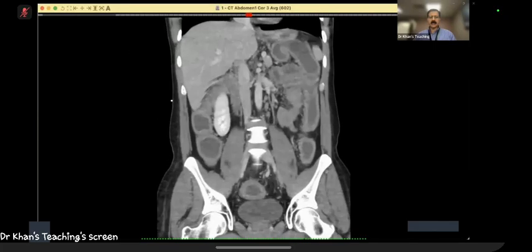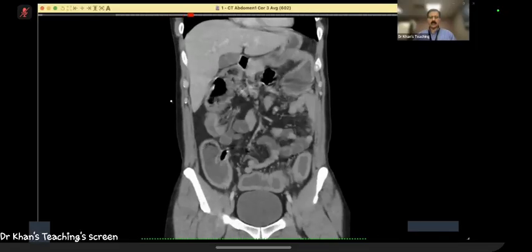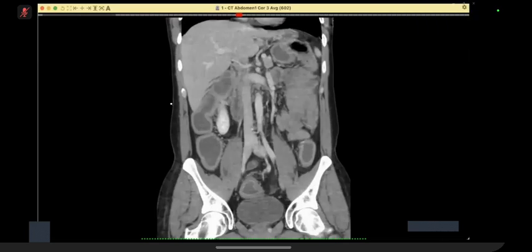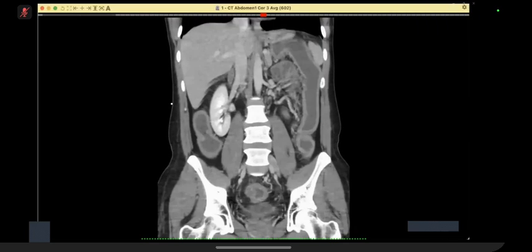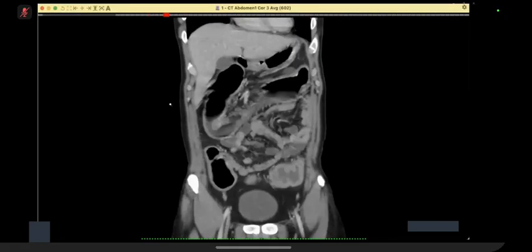So I have now given you a coronal. First of all, look at the large bowel. Just look at the large bowel. The bowel lost haustration. It's a lead pipe bowel shape.